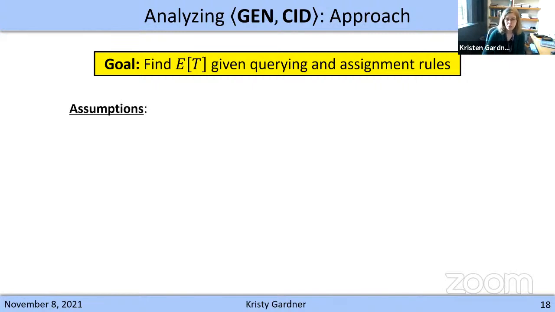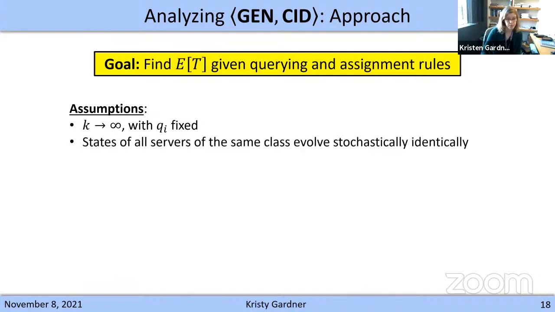And we're going to need a few assumptions in order to help facilitate our analysis. We're going to let our number of servers go to infinity, and we're going to keep our fraction of servers within each class fixed. We will assume that the states of all servers of the same class evolve stochastically identically, and we're going to assume that all server states are independent. That's a fairly standard assumption when analyzing large-scale systems.